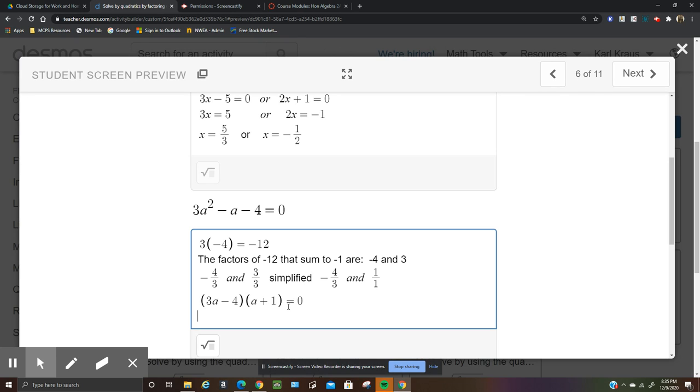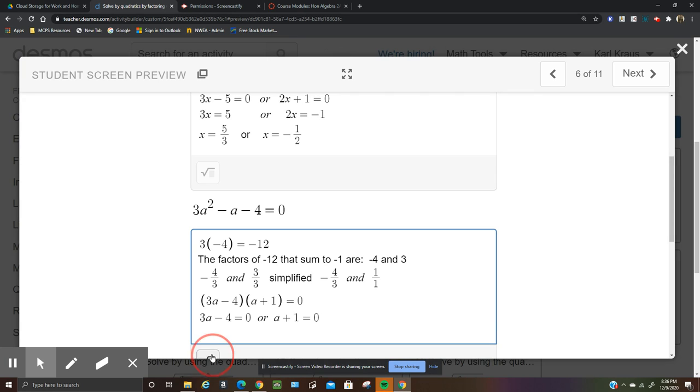And 3a minus 4 equals 0, or a plus 1 equals 0. Solving each of those.